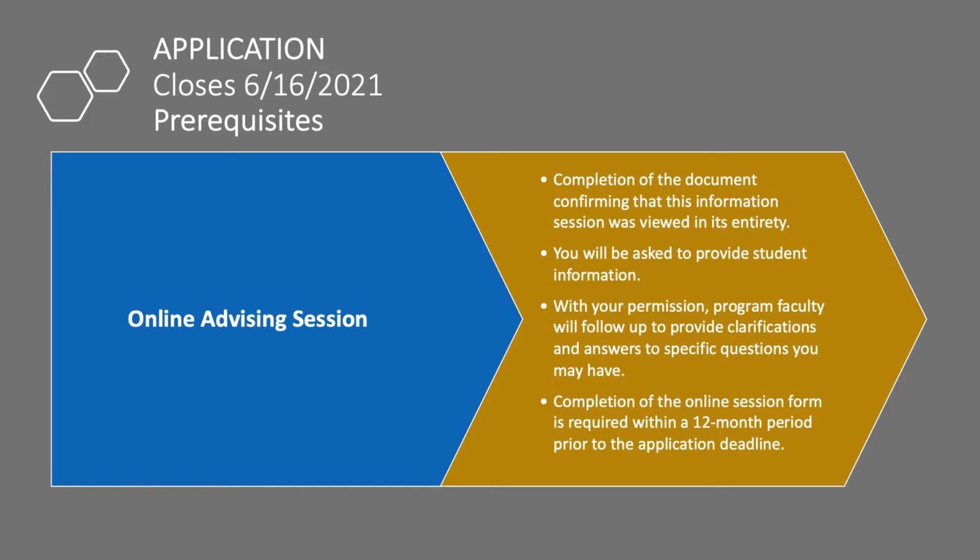Collection of the information is necessary for the division office, and with your permission, for follow-up conversations with our faculty for specifics about the application process unique to your situation. All prospective students wanting to apply to the program must have this advising documentation form submitted within 12 months prior to the application deadline.